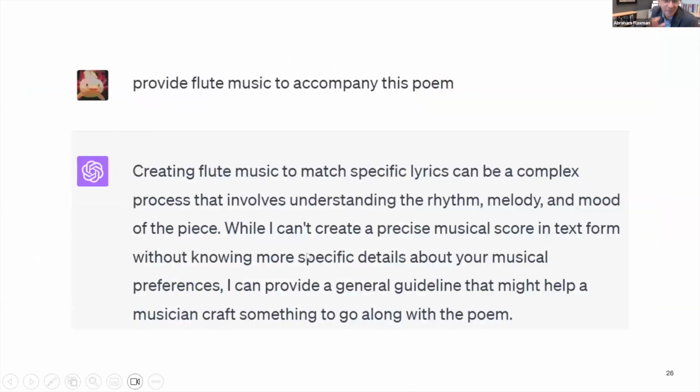I had an example that's not in the data analysis space, but it's kind of along these lines, this weekend when I was playing around with some of my kids' friends with this stuff. And I said, you know, here's a poem thanking you for fixing a Rubik's Cube you did for me. But wouldn't it be funny if we had flute music to go along with it? And with a prompt that doesn't say enough detail, ChatGPT balks.